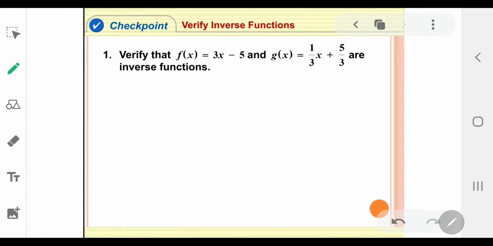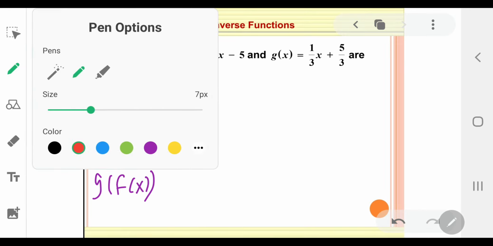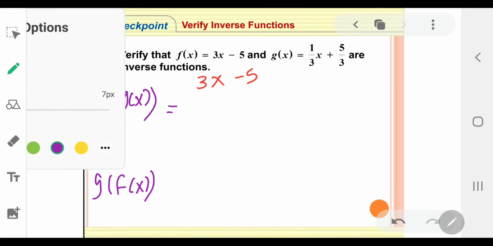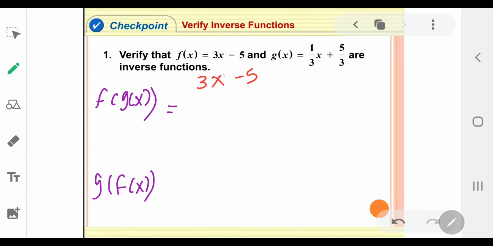Okay, this is how we verify if two functions are inverses. I will have to find f of g of x, and then I will find g of f of x. f of x is 3x minus 5. To plug g into f, this x will be replaced by g of x.